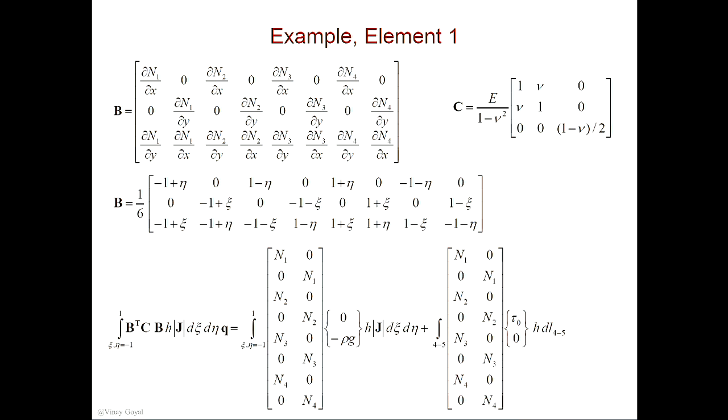So this is fully populated. These are just functions of eta and xi. Plug all this in here, take the transpose times C times B, and integrate from -1 to 1 using Gaussian quadrature. You guys know how to use that. I showed you in the previous lecture how to do that. The integration points, I believe, are plus/minus 1 over square root of 3. I could be wrong, something like that. And the weights are 1.